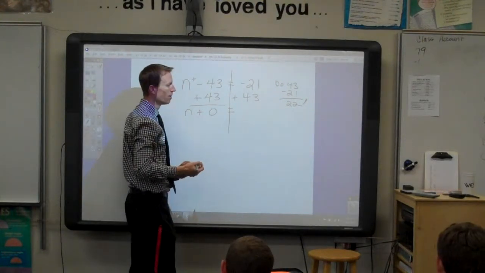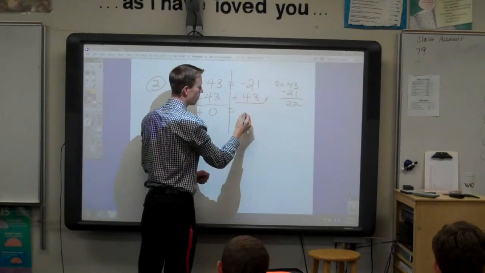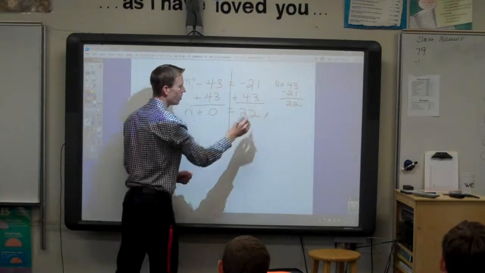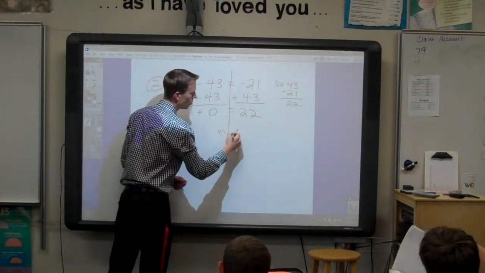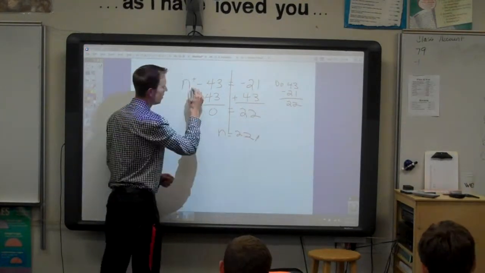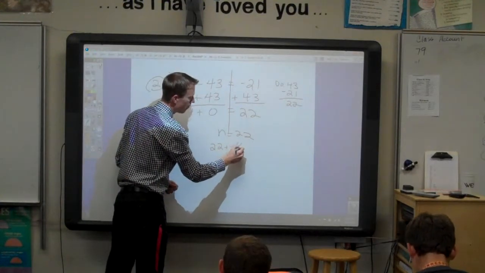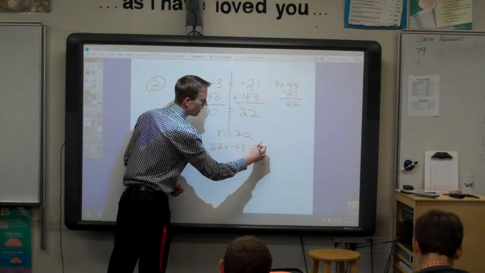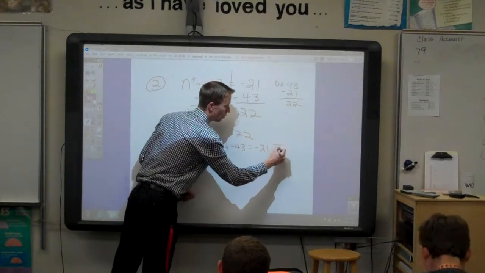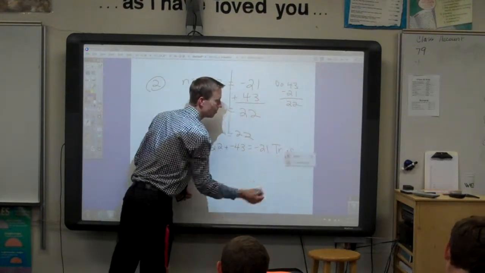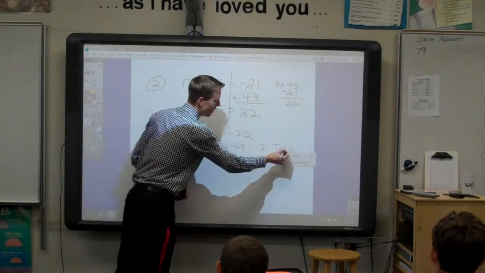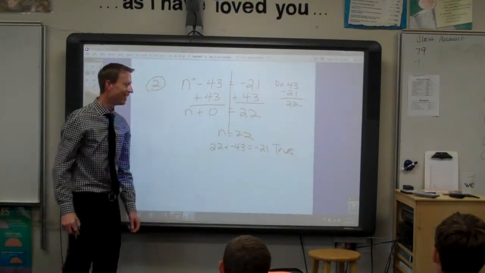Positive, because the positive has the bigger absolute value. That proves n equals 22. Check it. 22 plus negative 43 equals negative 21. True.